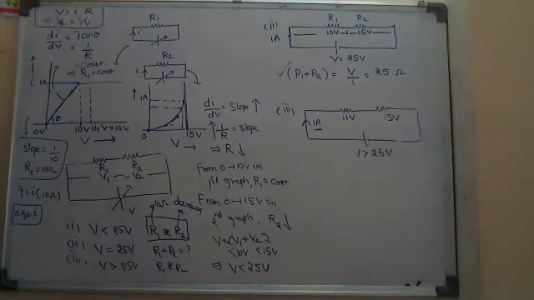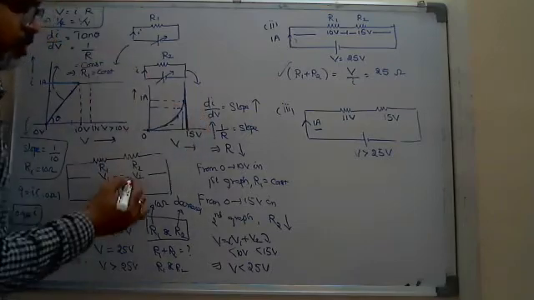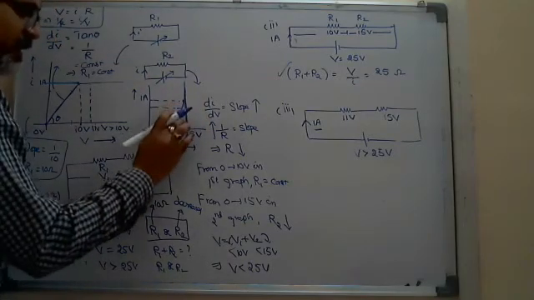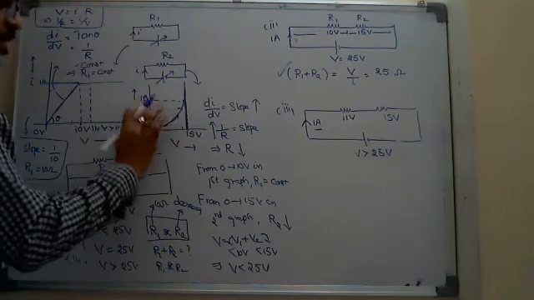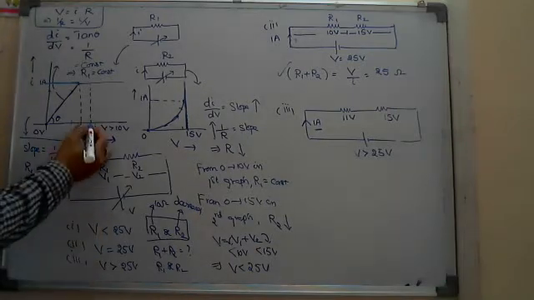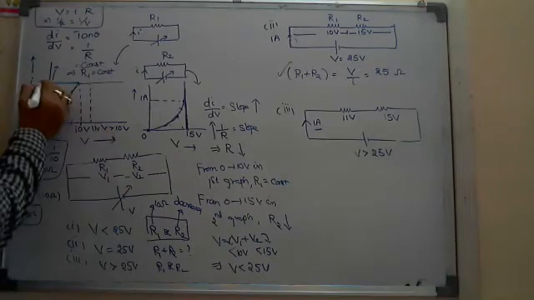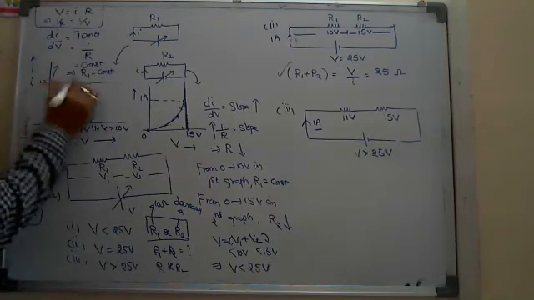That is 1 ampere, so you fixed the voltage as 15 volts. But the problem is the current is 1 ampere, so what happens to the resistance? Even though the potential increased, the current remains constant.